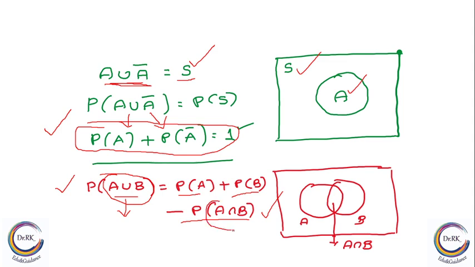And P of A intersection B is the probability of both the events happening. This is a very useful expression which helps us in solving many problems.